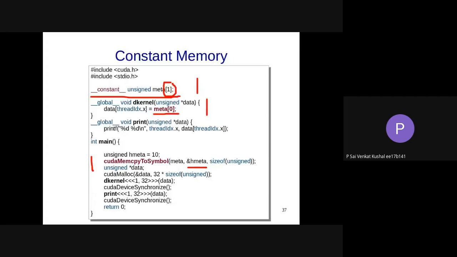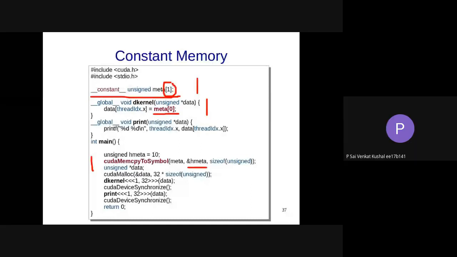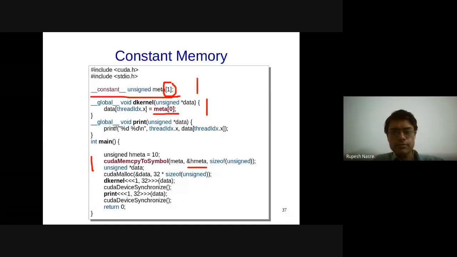If we keep meta of 2, we should change it in the program, rather than at runtime?